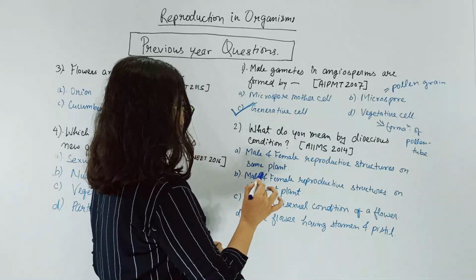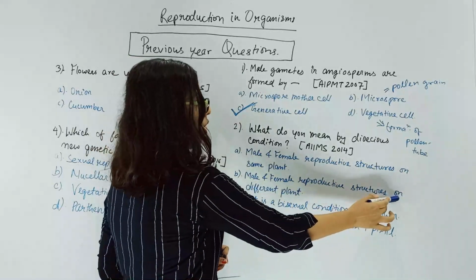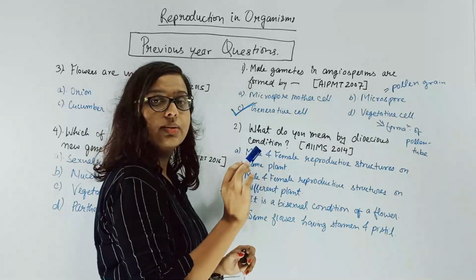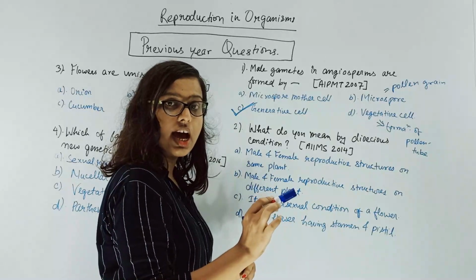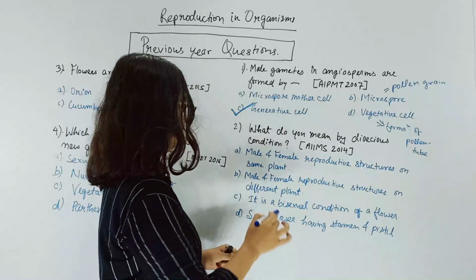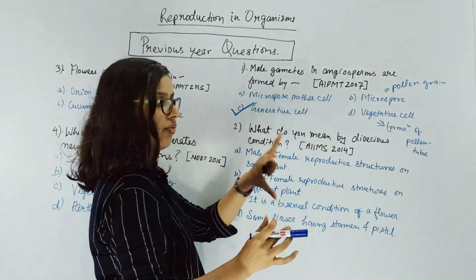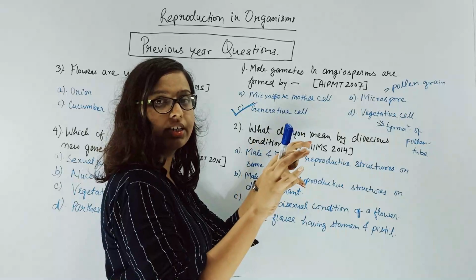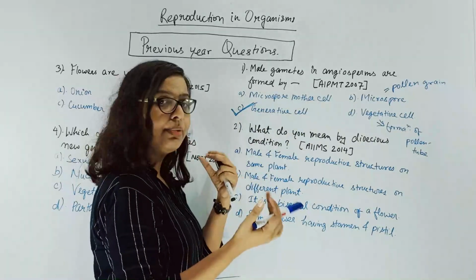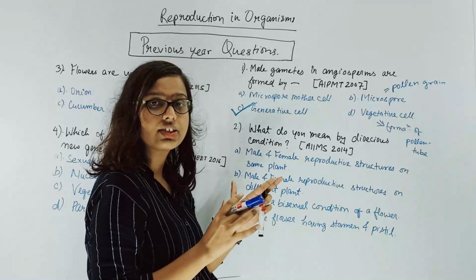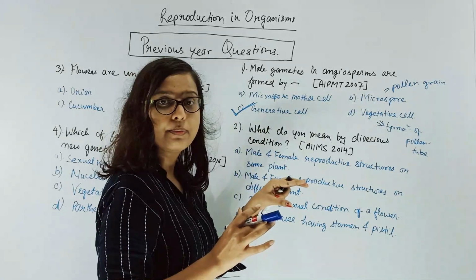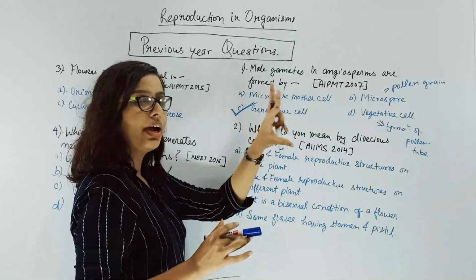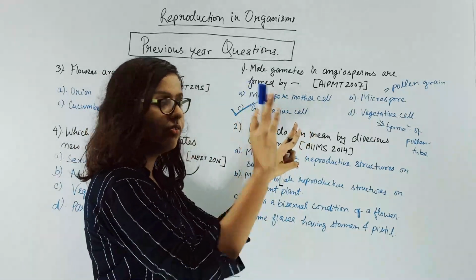Second option is male and female reproductive structures on different plants. Yes, in dioecious condition, male and female reproductive structures are on different plants. One plant has the male reproductive structure, another plant has the female reproductive structure. The examples I have given in the previous lecture are papaya, date palm, etc. In case of papaya, there is one male plant and one female plant.